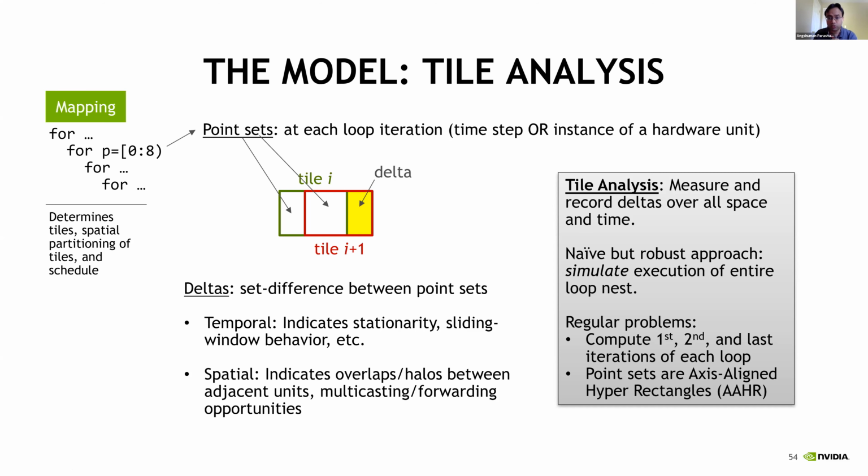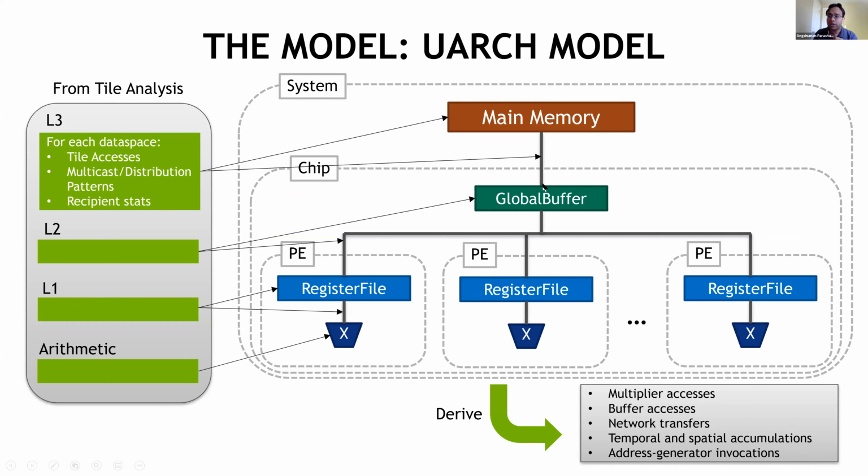Okay, so this is tile analysis. We're doing all this delta calculation, but how do we go from tile analysis to microarchitectural stats? Well, that's where the microarchitectural model comes in. The tile analysis sends to the microarchitectural model, for each level of the architecture and for each network in the architecture, a fat data structure saying: this is the number of tiles you moved, this is the multicast and distribution pattern, and these are the stats of the recipients.